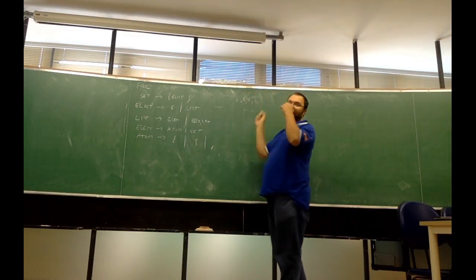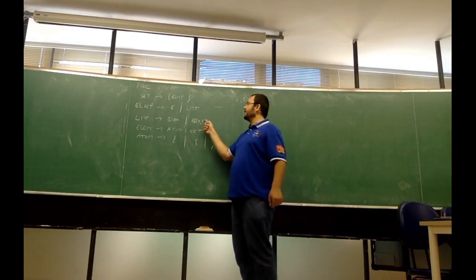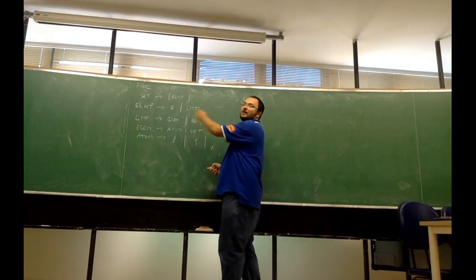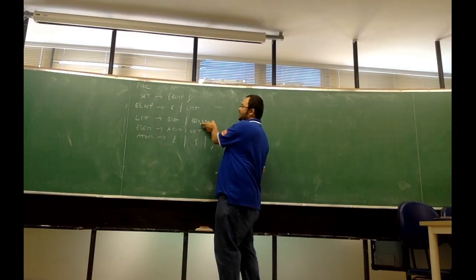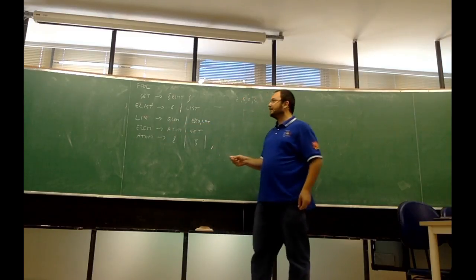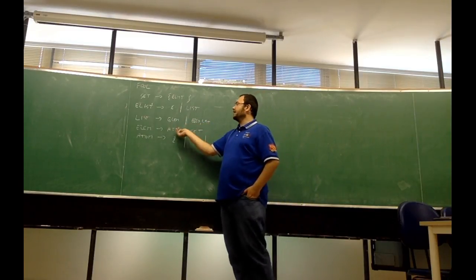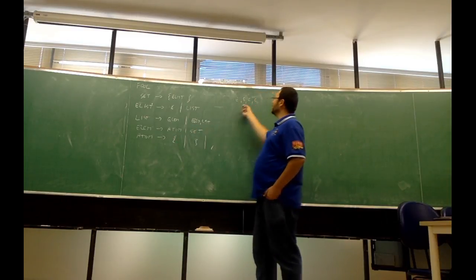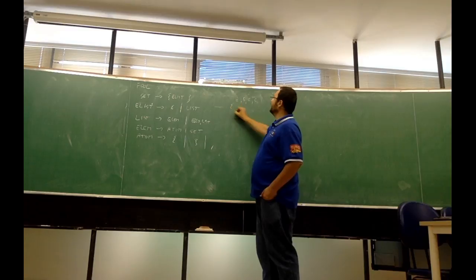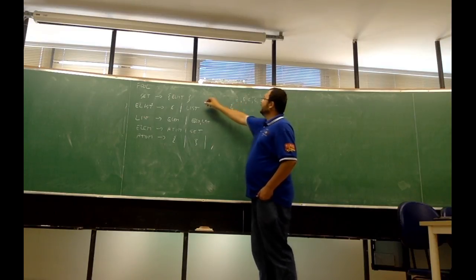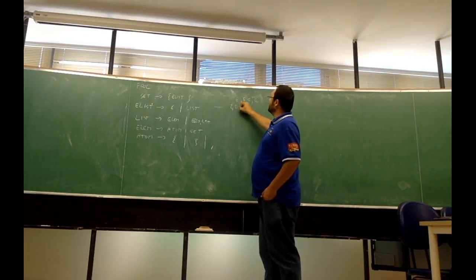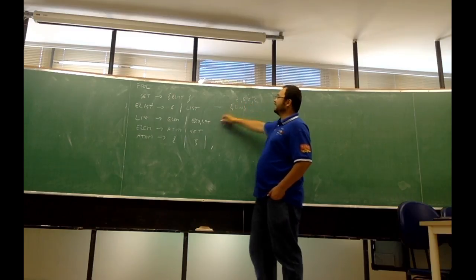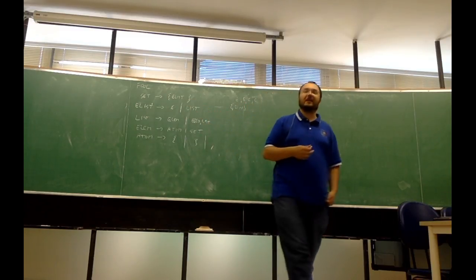And we can iterate this operation as many times as we want, and then we can conclude it by changing the last list to just an element. And each element is either a single atom, so a single one of these three characters, or again a whole set. So each of these elements can turn to a left curly brace, a list of elements, and a right curly brace, and we can repeat the whole process over and over again.